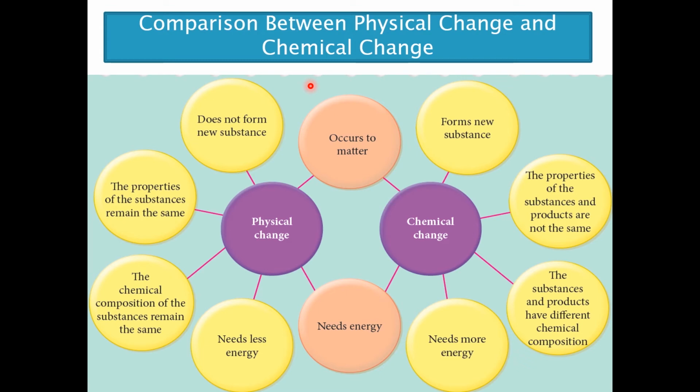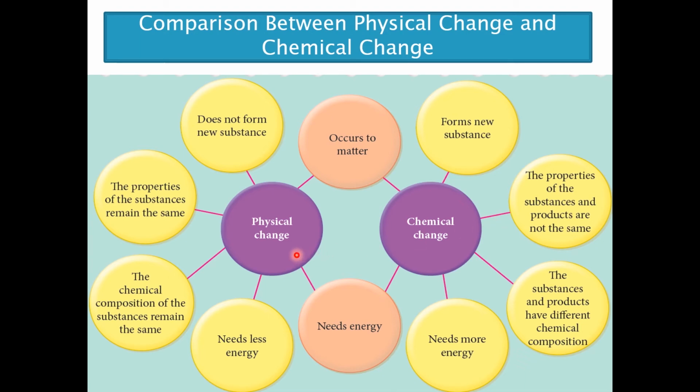Let's make a comparison between physical change and chemical change. During physical change, no new substance is formed. During chemical change, a new substance is formed. During physical change, the properties of substances remain the same. During chemical change, the properties of the substances and products are not the same.